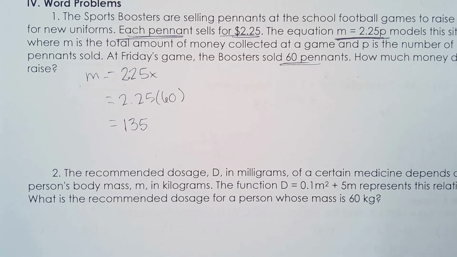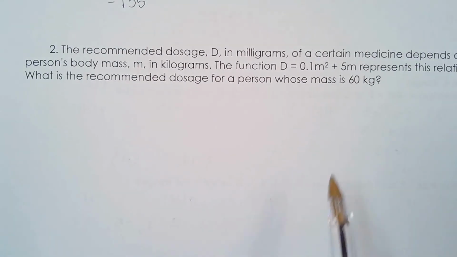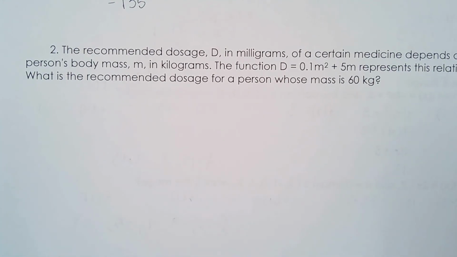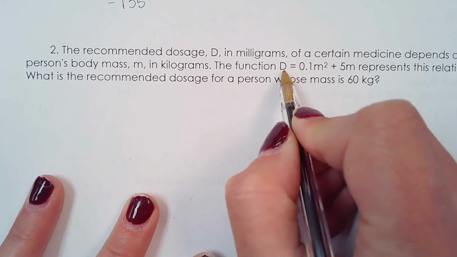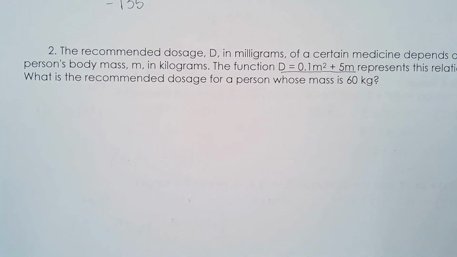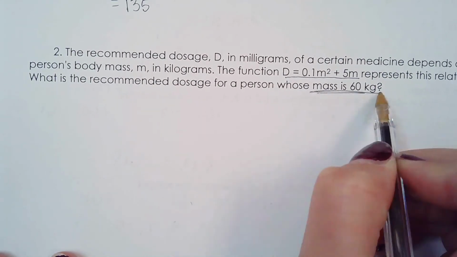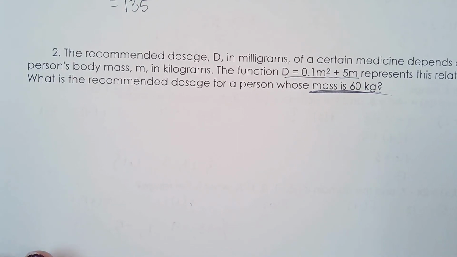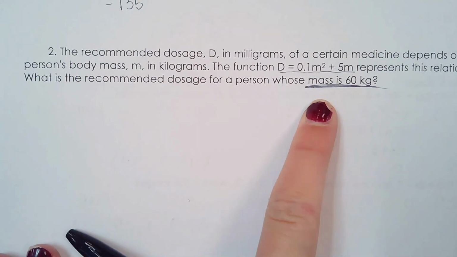All right, last one. It says the recommended dosage, D, in milligrams of a certain medicine depends on a person's body mass, M, in kilograms. The function D equals 0.1 M squared plus 5M represents that relationship. So what is the recommended dosage for a person whose mass is 60? How are we going to find that out? Plug in 60 for M, because that's the mass.